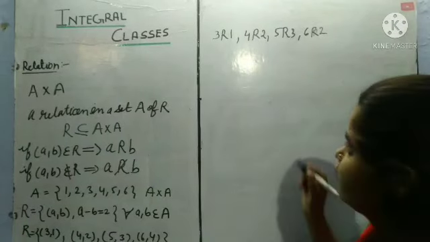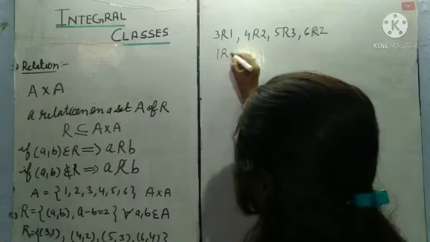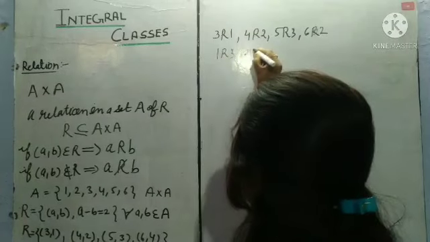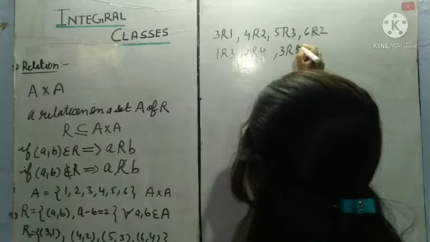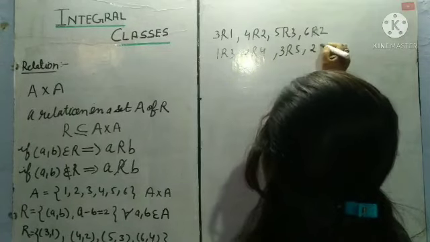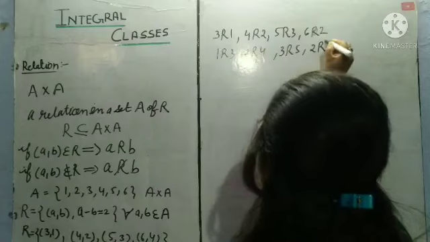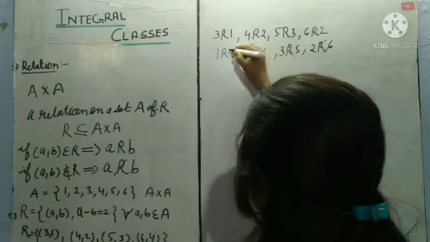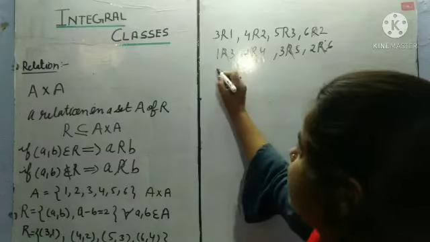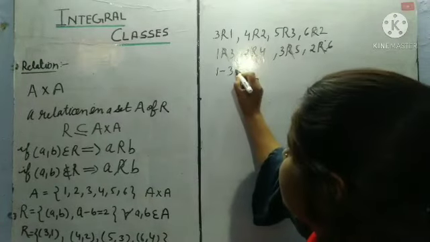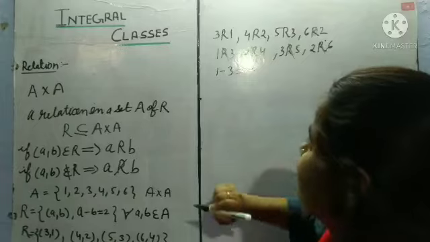Now if we have given 1 R 3, 2 R 4, 3 R 5, 4 R 6, these are not related to each other. Why? Because if we subtract 1 minus 3, we get minus 2.